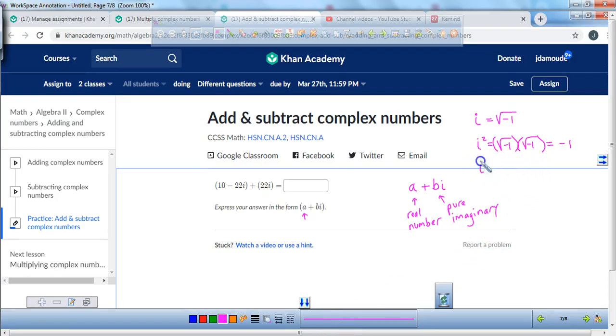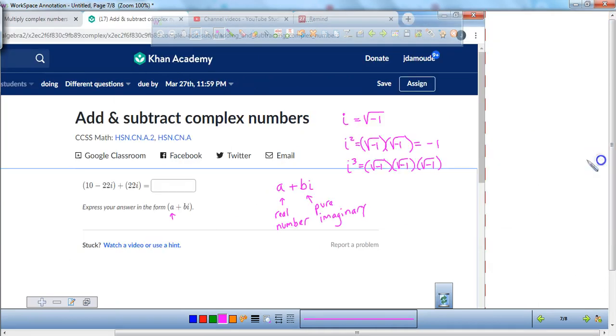So if I say, what is i cubed, that means the square root of -1 times the square root of -1 times the square root of -1. If you're paying attention during class, you can probably skip through this section because we all know the first two equal -1. This right here equals i, and -1 times i is -i.